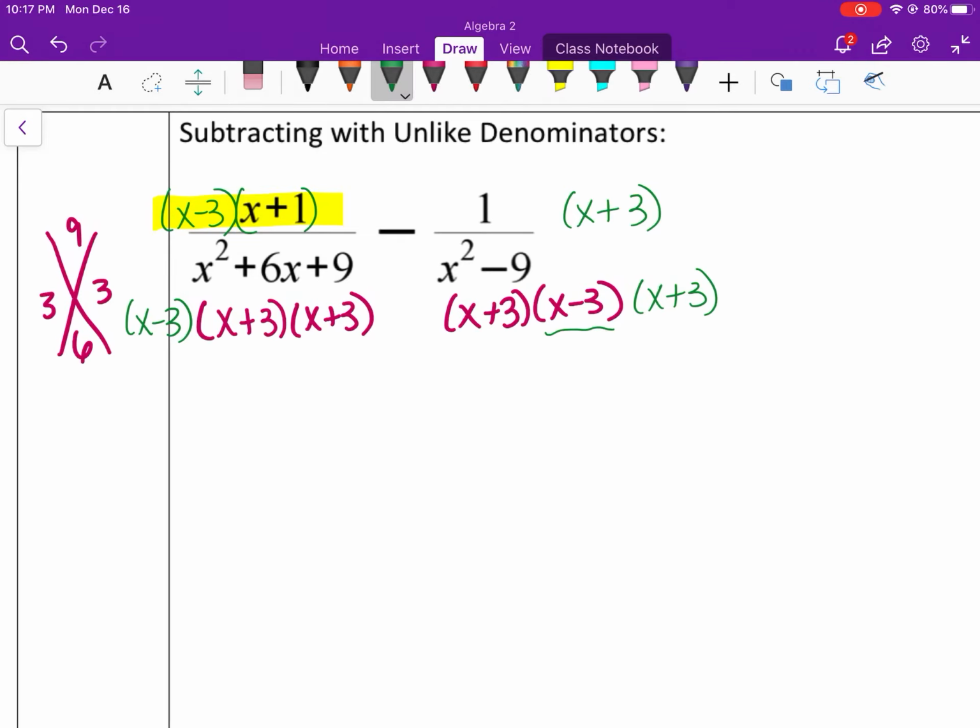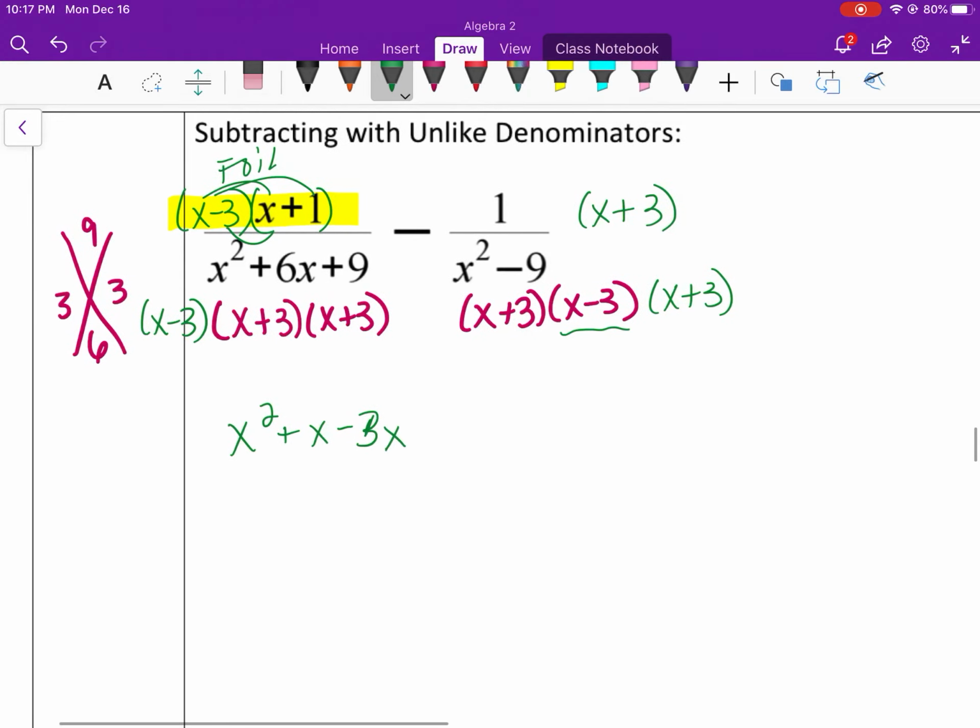So I'm going to multiply this out. Since it's two factors multiplied together, you have to FOIL this or use your box. So if I FOIL that, I'm going to get x squared plus x minus 3x minus 3.